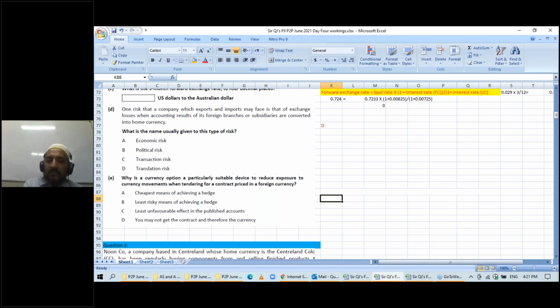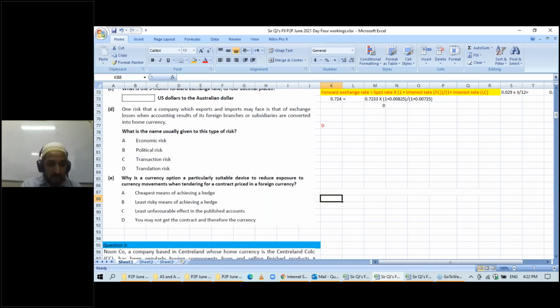So the currency option is the best suitable option here, where we can easily get an exit from the contract even if we are not successful in this tendering process. So we have an exit option also.